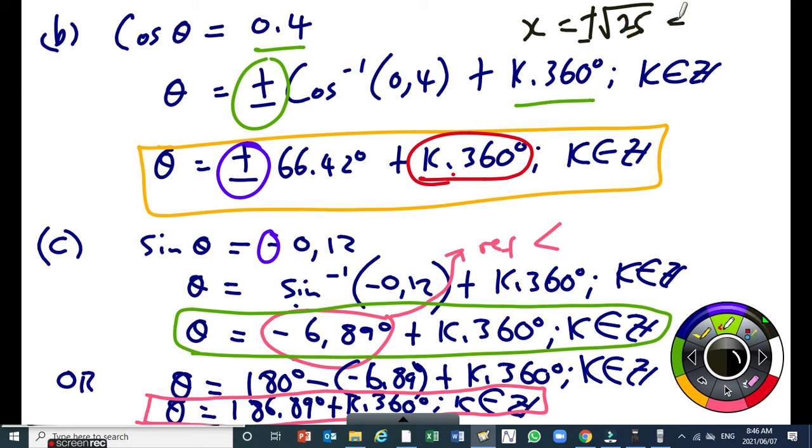You write this as plus or minus 5. What does this mean? How many values of x? 2. That's the same thing then, like for every cos equation.